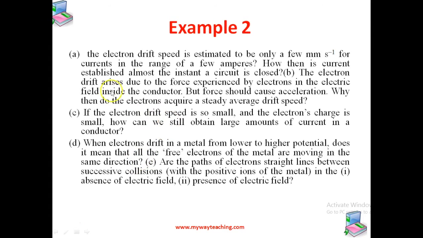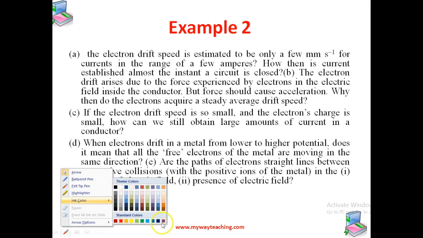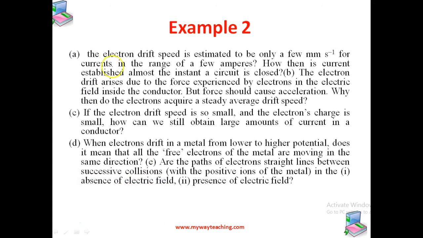Now let us see one more simple example. That is example 2. The electron drift speed is estimated to be only a few millimeter per second for currents in the range of few amps. How then is current established almost the instant a circuit is closed? Second question.